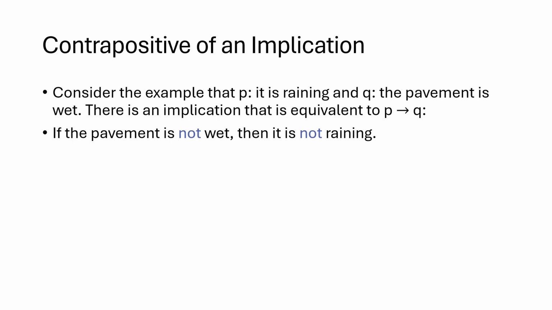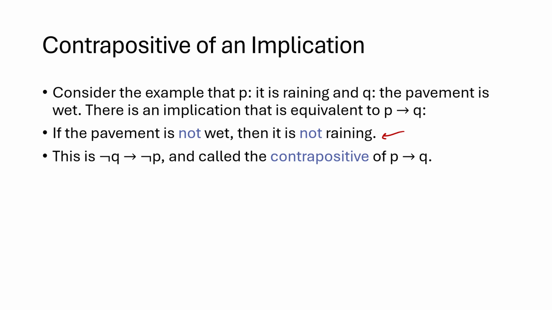So we have an implication that means the same as if P then Q. And this is called the contrapositive of the implication. Okay, so the contrapositive of if P then Q is if not Q, then not P. So not only do we reverse the order between P and Q, we also negate both of them. And this is called the contrapositive.